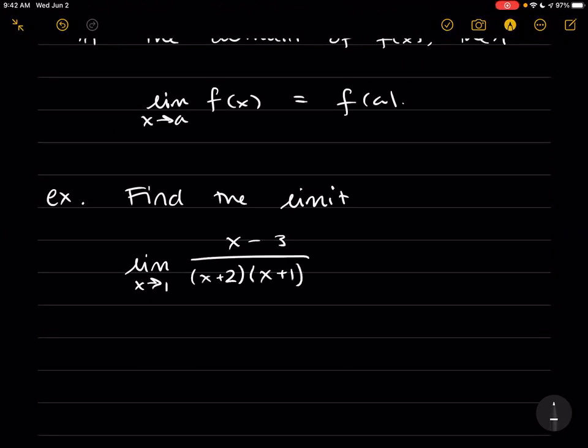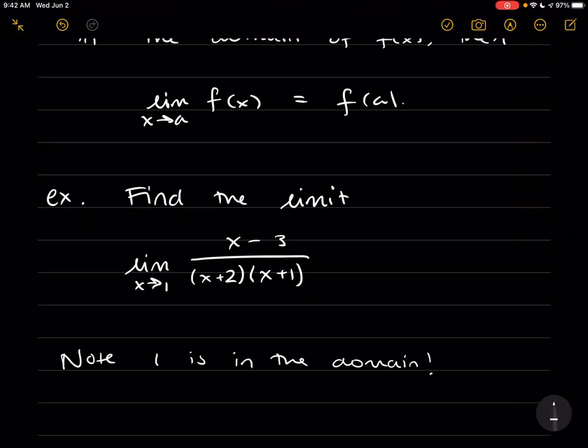Note the limit's going to 1, right? Note 1 is in the domain. This rational function looks like it's defined everywhere. It has domain over the whole real line except for -2 and -1. So positive 1 is in the domain.